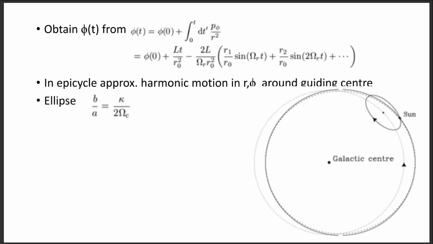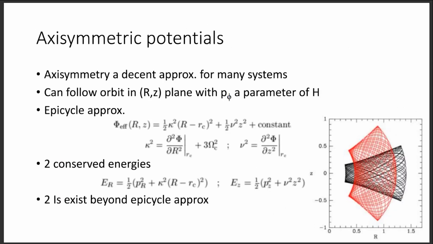And then you have motion in the opposite sense around an elliptical trajectory, which is described by cos omega_R t in the R equation, which was on the previous slide, and a sine omega_R t here with a different amplitude, which means we're moving around an ellipse. So we move around the ellipse at the epicycle frequency, whilst cruising around at the circular frequency. And that's a pretty decent approximation to motion in a spherical or an axisymmetric potential.